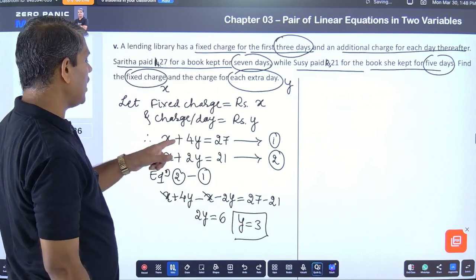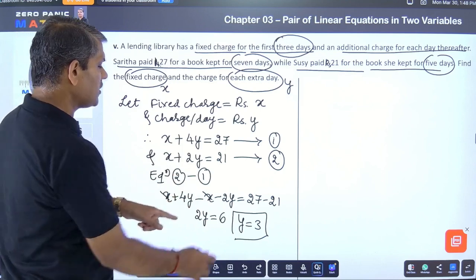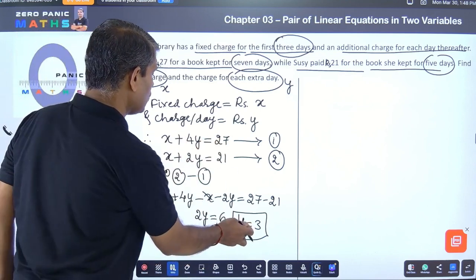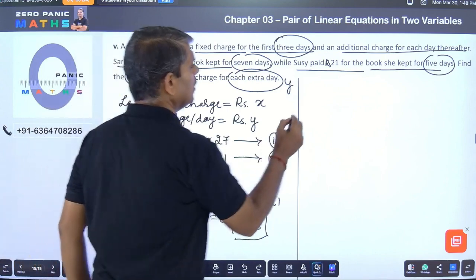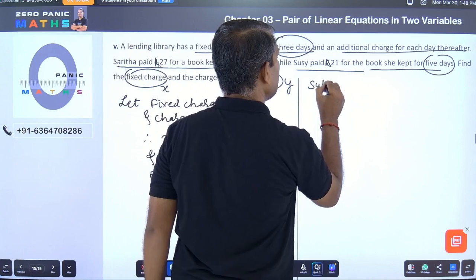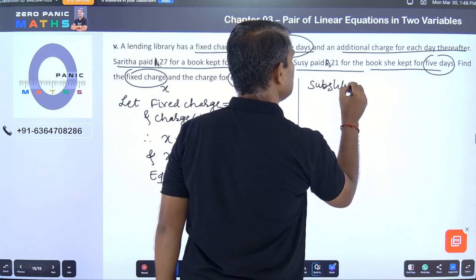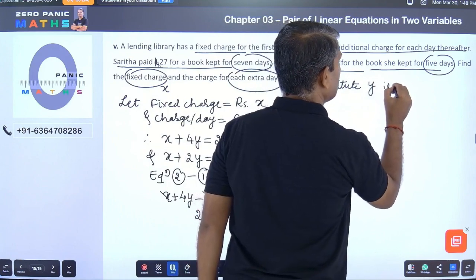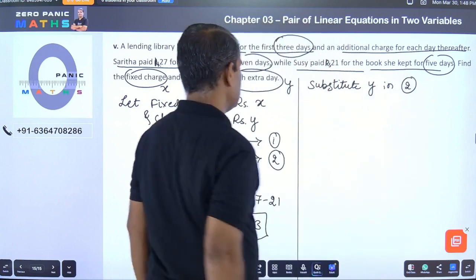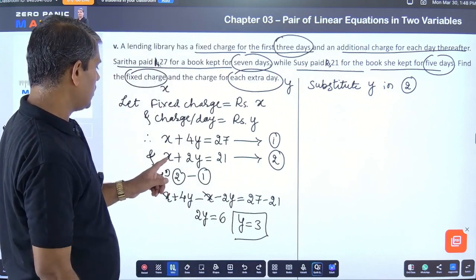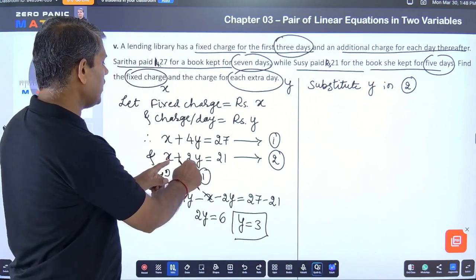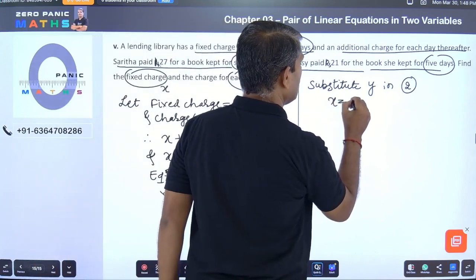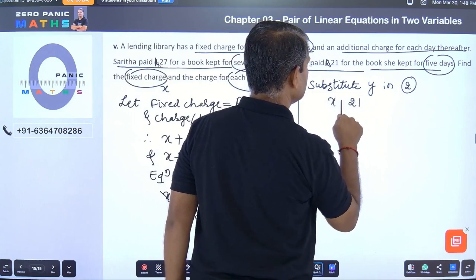Now we have to find out the fixed charge by substituting y in any of these two equations. Let us substitute y in equation 2. Okay, let us quickly do that. x is equal to 21 minus 2y, right?